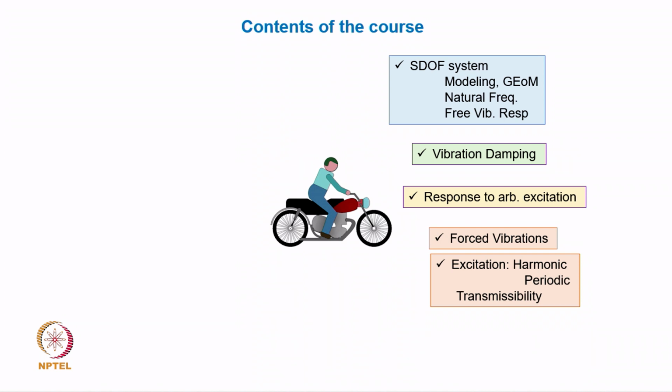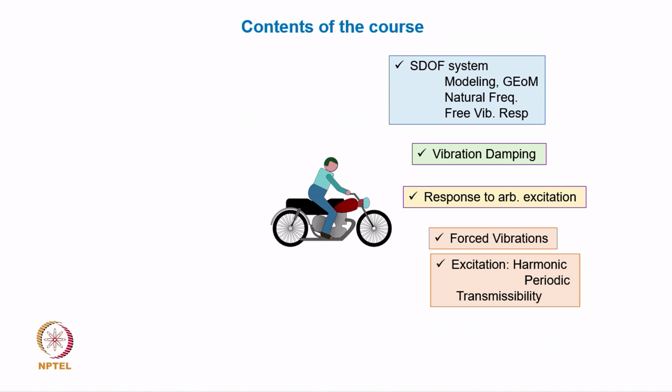We also discussed what transmissibility is in the case of a harmonic excitation, and displacement and force transmissibility were discussed, and we also understood how the vibration sensor design is based on the fundamental principles of vibration response.